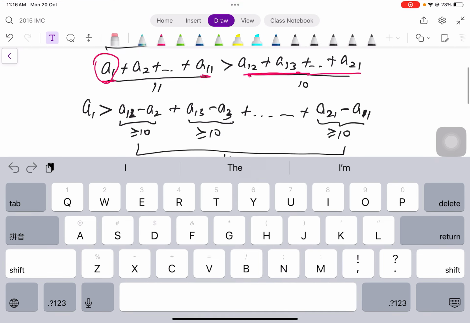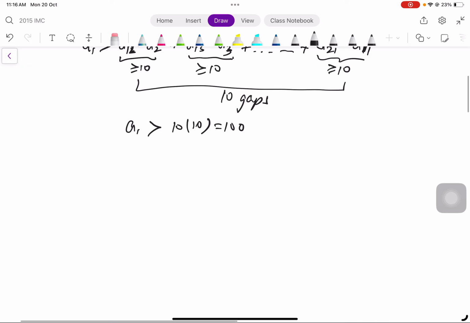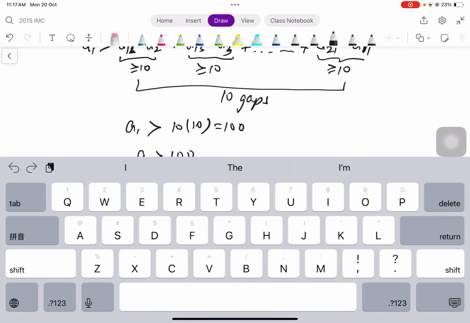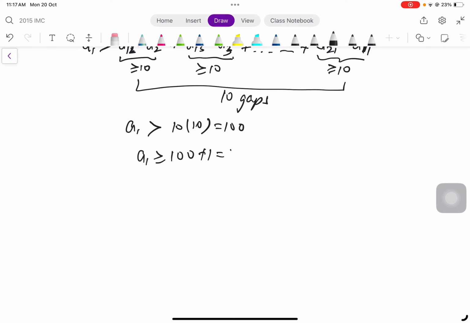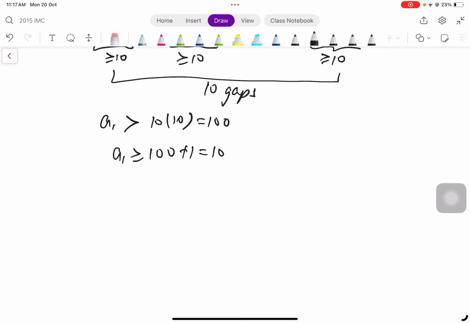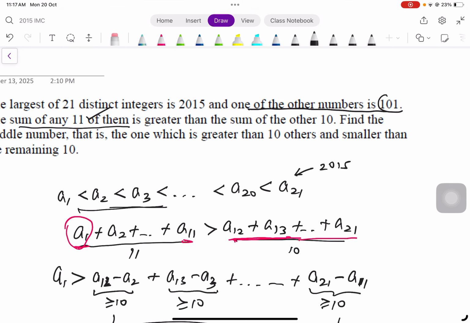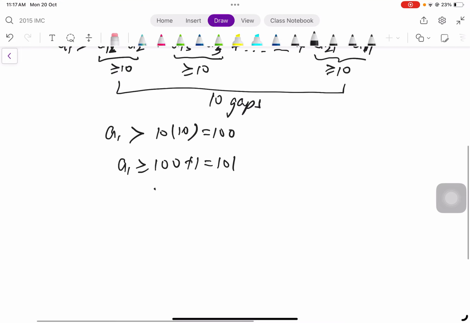If I change the greater than sign to greater than or equal, I can say that A1 is greater than or equal to 100 plus 1, and that is 101. But the question says that the other number is 101. Therefore, now we confirm that A1 is 101.